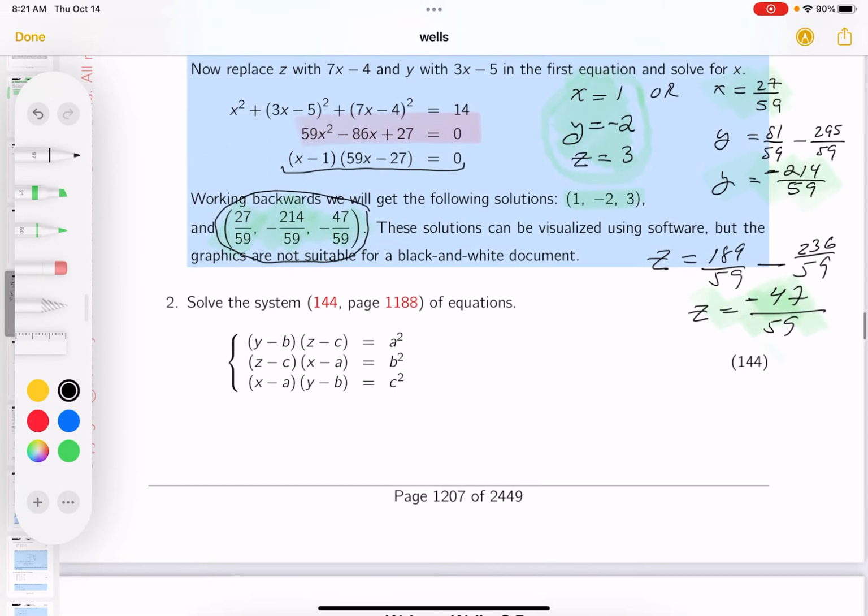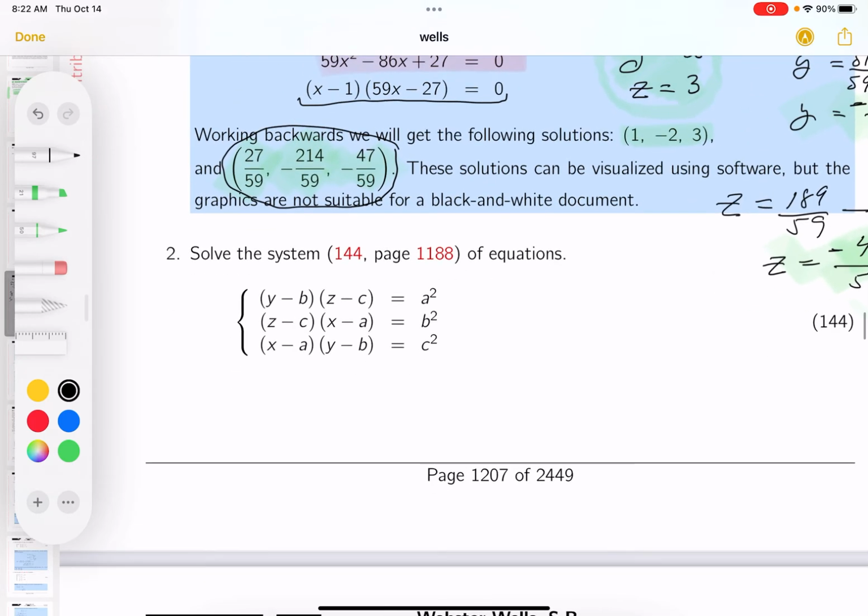All right, now the next one, again, I'm looking at these things, and I've got to be honest with you, I find them very difficult to deal with, all right? But I kind of see something about it. I'm not saying it's going to work out for me, but I really don't want to try to substitute. Well, maybe try something. Let me try this. I'm going to try to multiply everything together. This may not work, by the way.